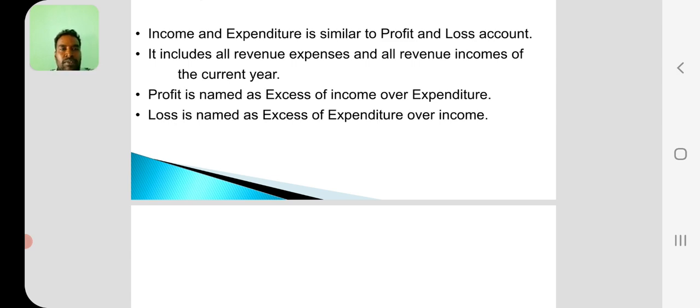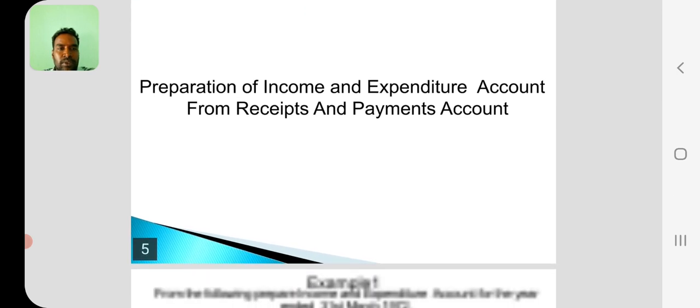Loss is the word used in profit and loss account. Instead of this, we use excess of expenditure over income, meaning deficit. Excess of income over expenditure means surplus.